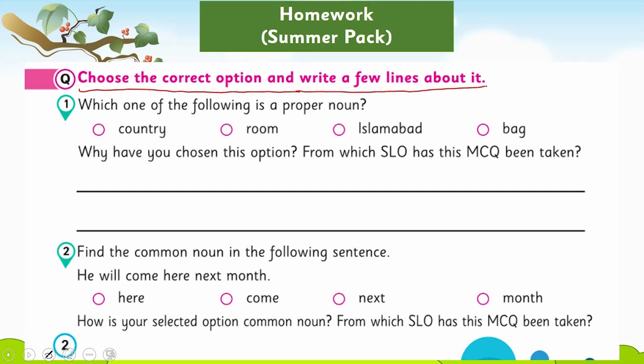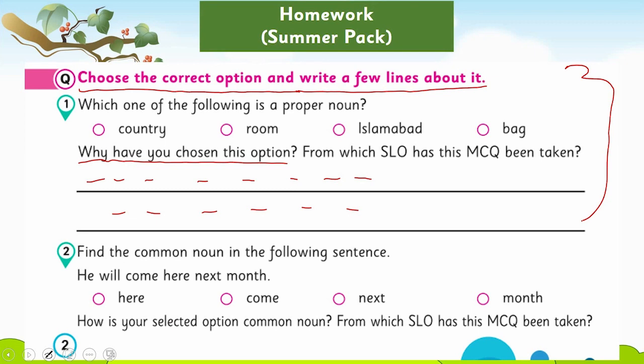The few lines would be of why you have chosen this option. So the first one is, which one of the following is a proper noun? Country, room, Islamabad, bag. This is very easy.